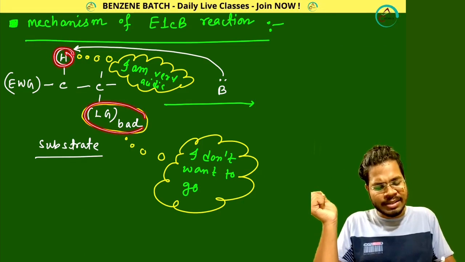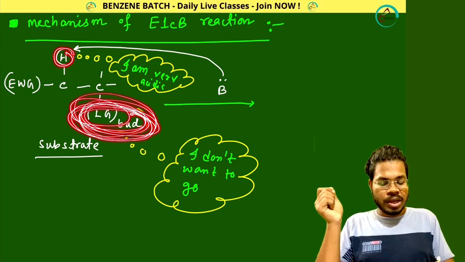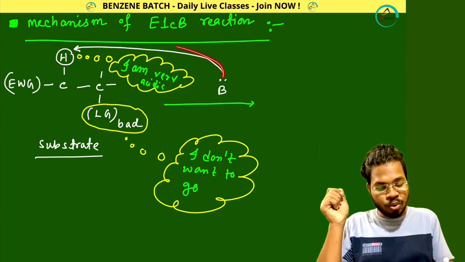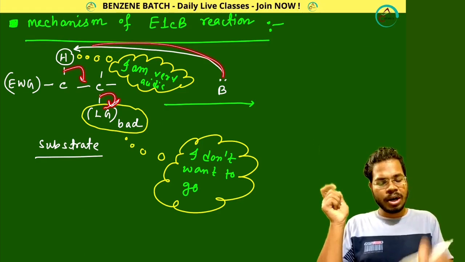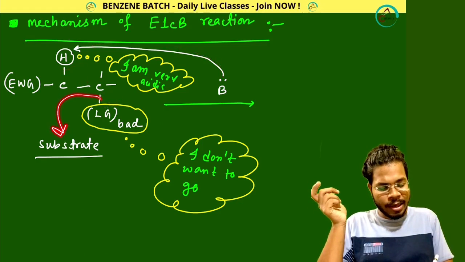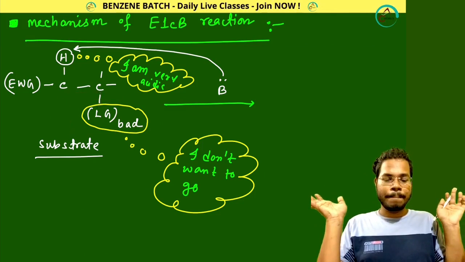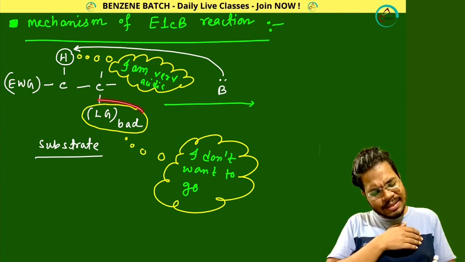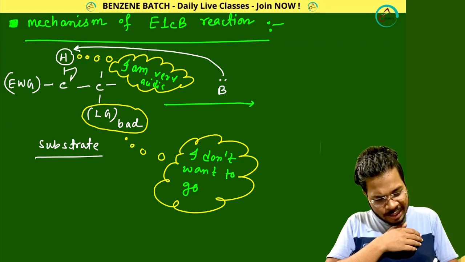But this leaving group will say, I don't want to leave. If it doesn't want to leave, can I do the E2 mechanism in this way? No, I cannot. Even the E1 mechanism I cannot do, because it is a very bad leaving group, so it will not leave in the first step. So what can I do? As it is not leaving, it makes a negative charge on the carbon atom.